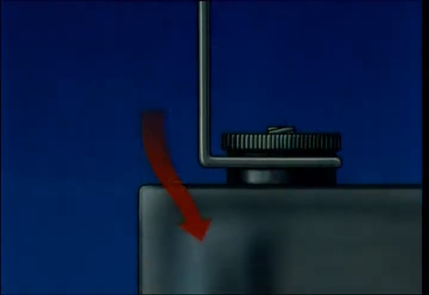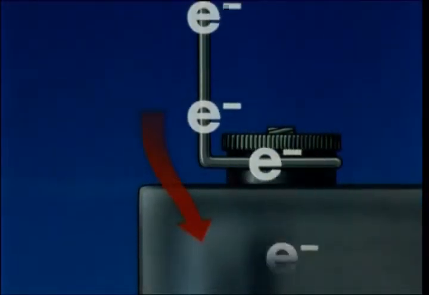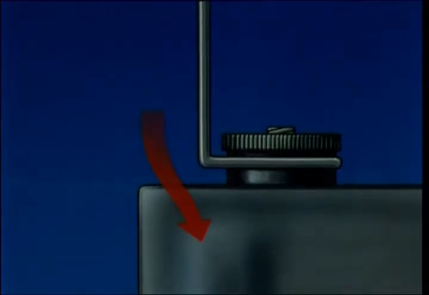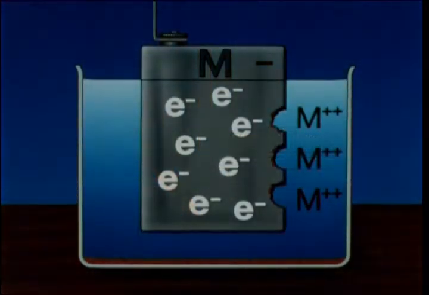Conversely, if we force more electrons into the metal by connecting to a battery, for example, then the rate of corrosion and the rate of producing electrons slows down. As this potential becomes more negative, the corrosion rate and the current diminish.